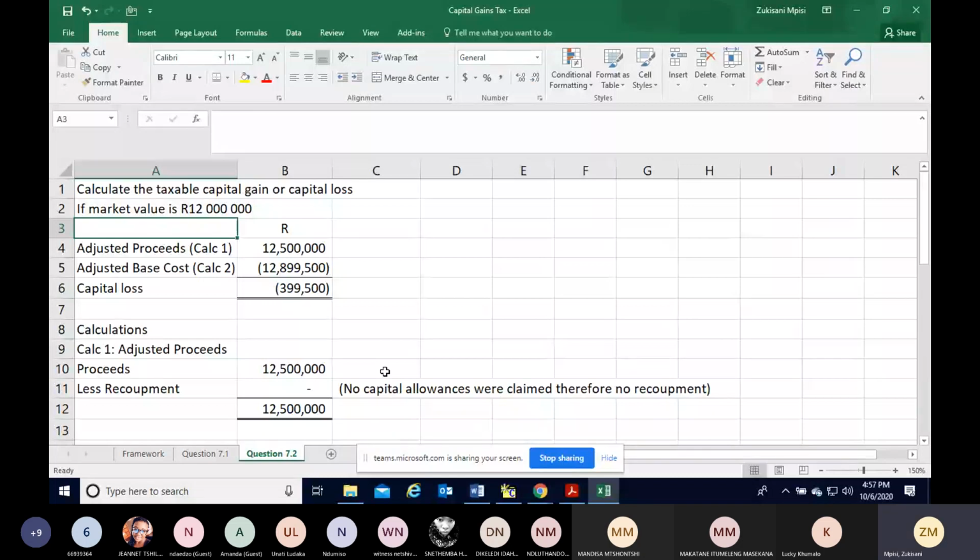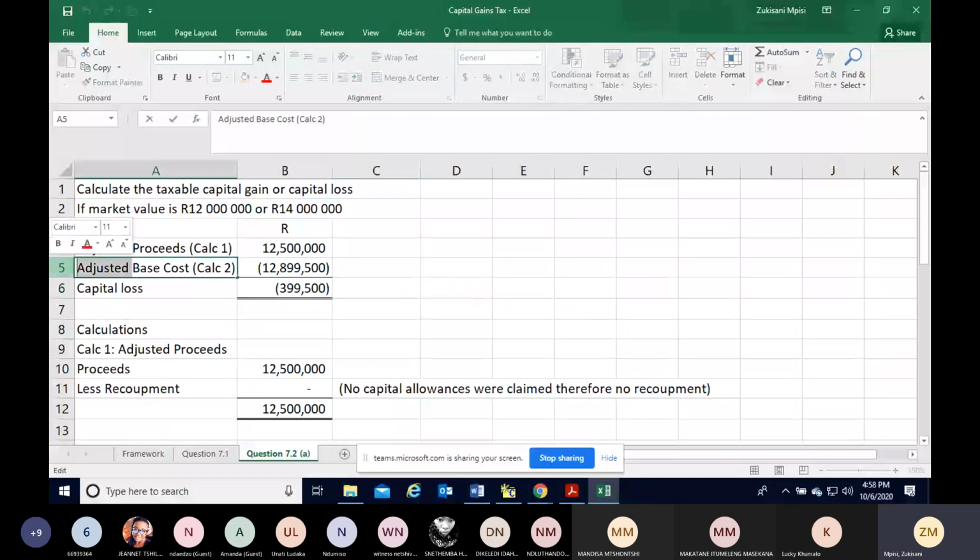So in this particular case, if the market value is 12 million or 14 million, we are going to use the exact same workings. So in this particular case, this is 72.8. Maybe let us do these things separately. So here we just have a base cost.